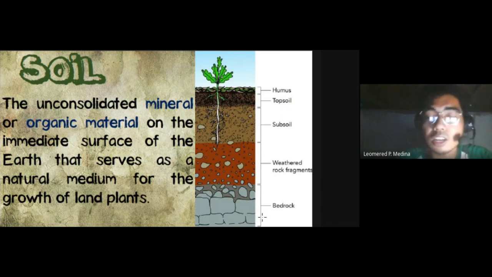So the different layers of the soil, if we're going to consider the horizon that is present here, it is now the presence of the bedrock, which is now the source of the soil. Then the next one, the presence of the weathered rock fragments. Then after this, the presence of the subsoil, then the topsoil, and the humus. So the humus, it is now the nutritive part of the layer of the soil.